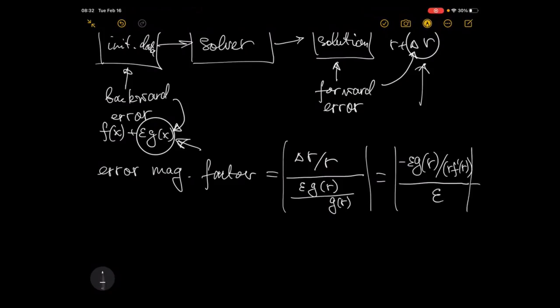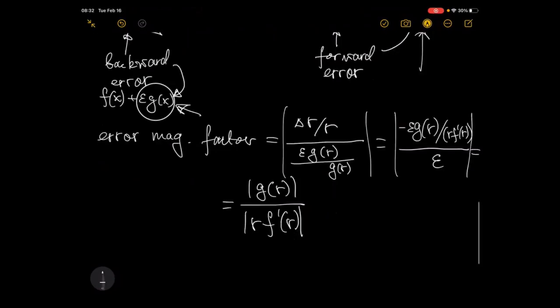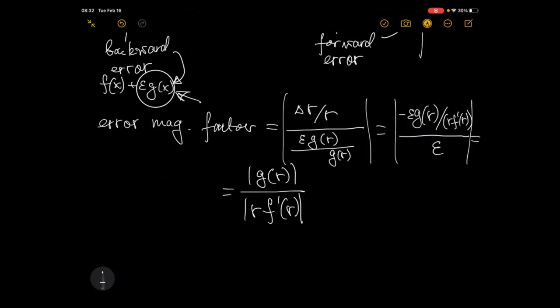So this is nothing else but the magnitude of G of R over R F prime of R. So here it is. Essentially, this is the error magnification factor.